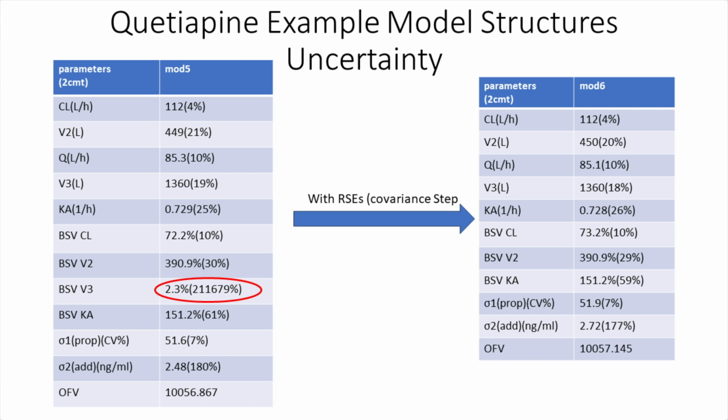So these particular uncertainties or relative standard errors are calculated using something called the Fisher information matrix. What is the Fisher information matrix? If you're running most nonlinear mixed effects modeling software, a variance covariance matrix of the parameters is determined. That matrix is inverted, and it allows one to make an inference about how much worse the model fit gets if you change the parameter value.